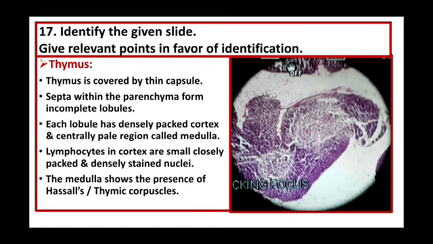Lymphocytes in the cortex are small and closely packed with densely stained nuclei. The medulla, which has less densely packed cells, shows the presence of Hassall's or thymic corpuscle.